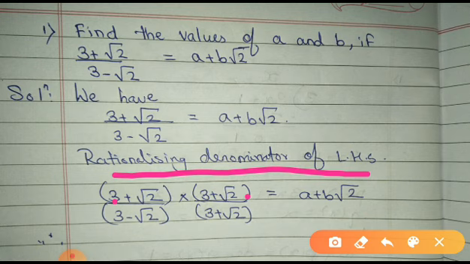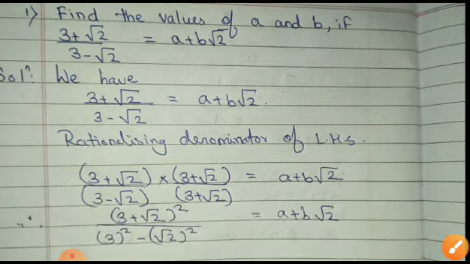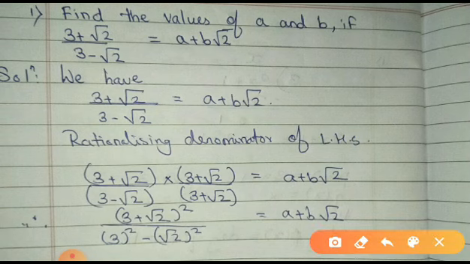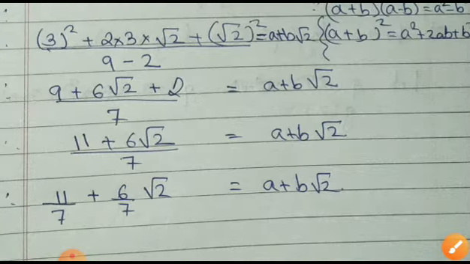So can I write it as 3 plus root 2 the whole square, and the denominator is, as usual, a plus b into a minus b. So use which identity? a square minus b square. So I have written the same: 3 plus root 2 the whole square by 3 square minus root 2 square.